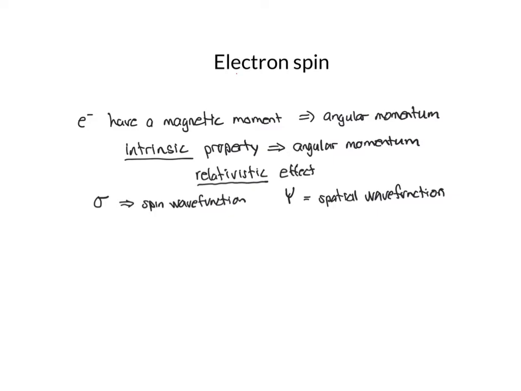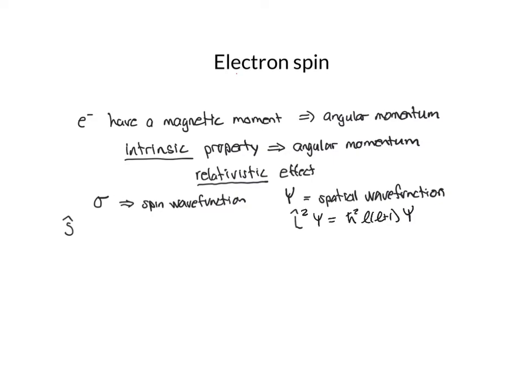So we know that we have this spin angular momentum, so we can define a spin angular momentum operator just like we have a spatial angular momentum operator. And remember that if we operate the spatial angular momentum operator squared on our wave function, we get h bar squared L times L plus 1 times the wave function back again, where L is our angular momentum quantum number for the spatial wave functions.